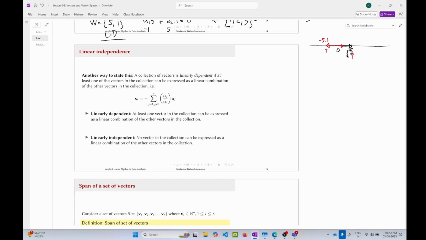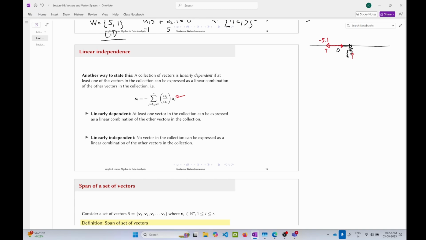Imagine each vector conveys some information and each one conveys some unique information that is not present in the other ones. In a linearly independent set, each element of the set has something unique it offers, which I cannot get from any of the other elements. Whenever you say you have a linearly dependent set, there is at least one vector whose information can be obtained from the other elements in that set. So linear dependence and independence simply has to do with whether the set is redundant or not in some sense.